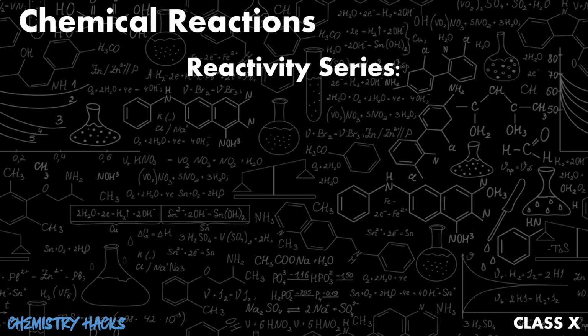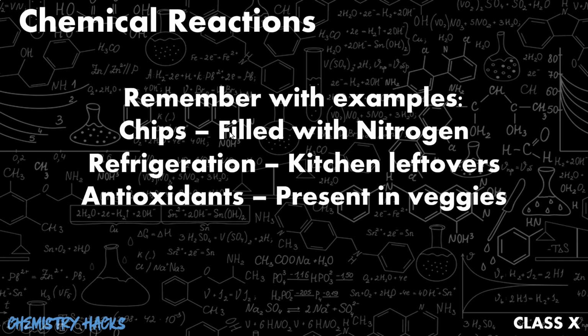So chips. Chip bags are flushed with nitrogen gas to ensure that they don't turn rancid because they contain fat and oil. And similarly, if we have any kitchen leftovers, we usually keep them in the fridge. So another technique to prevent rancidity is refrigeration.